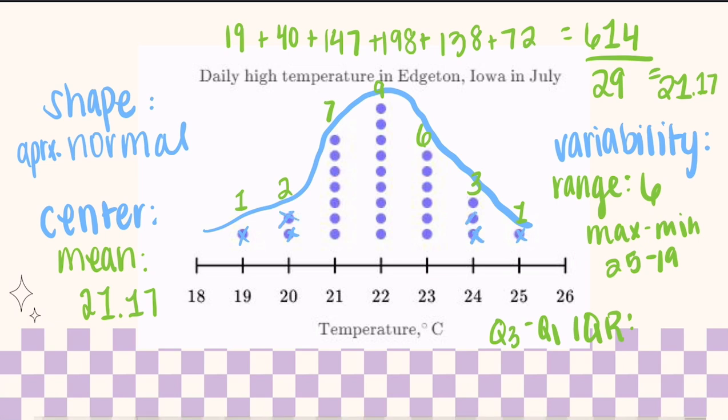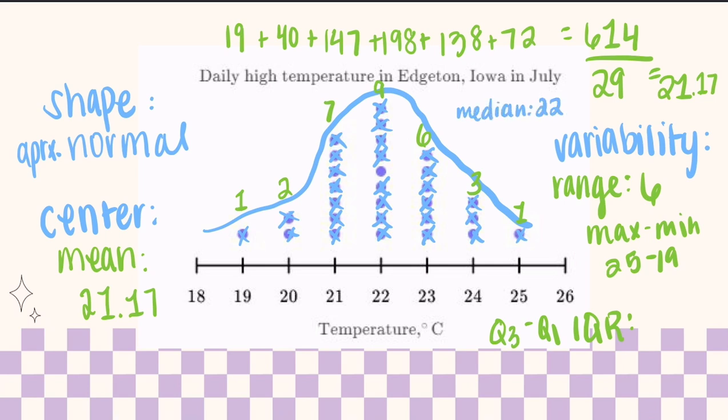I'm just crossing off all these dots till we get to the middle. It can be a lot of work to be a statistician. Okay, we see the middle is 22. So a side note, the median is 22.